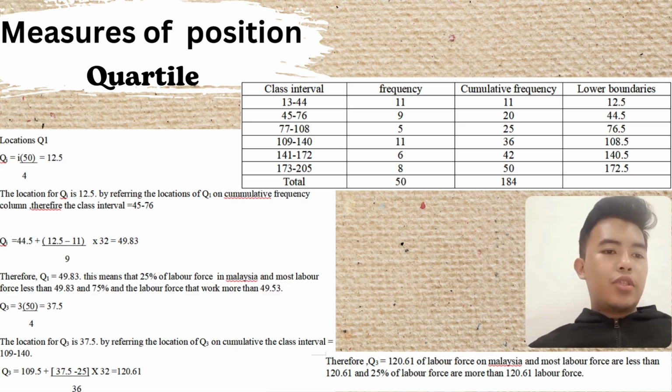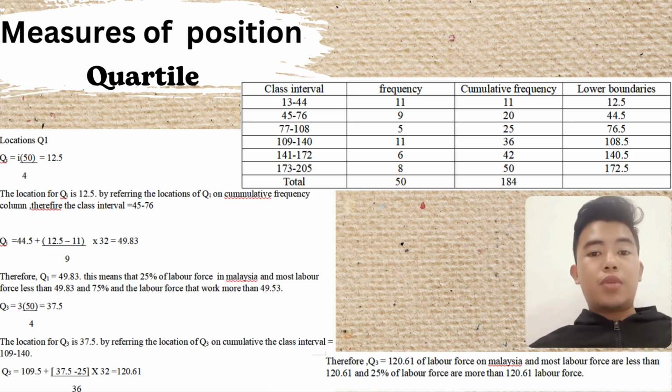This is the solution to find Q3, which we got 120.61. Therefore, Q3 is 120.61. 75% of the labor force in Malaysia work less than 120.61, and 25% of the labor force work more than 120.61.